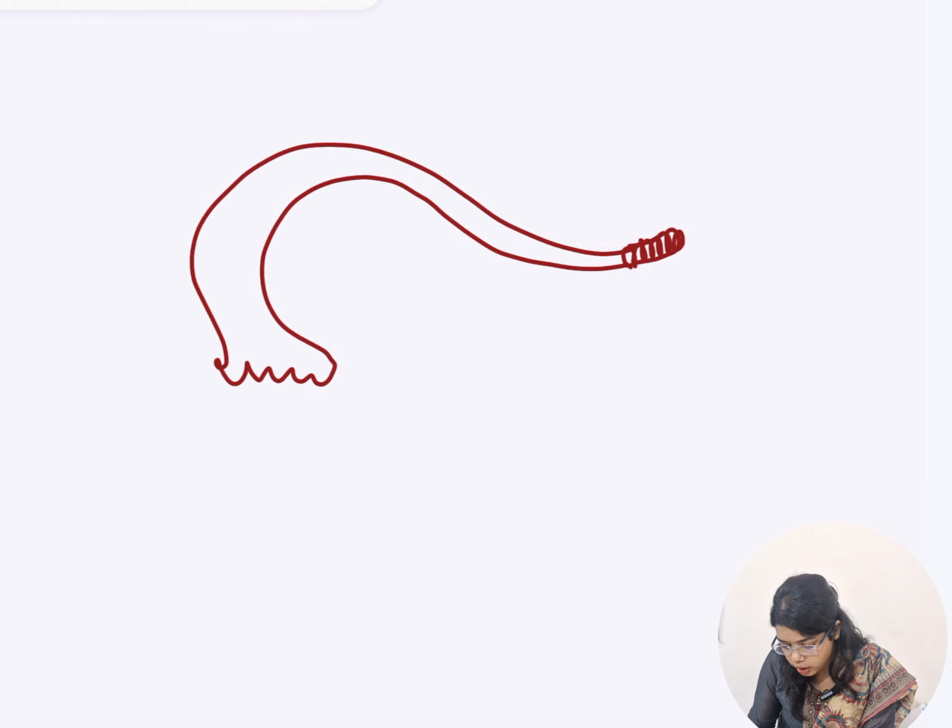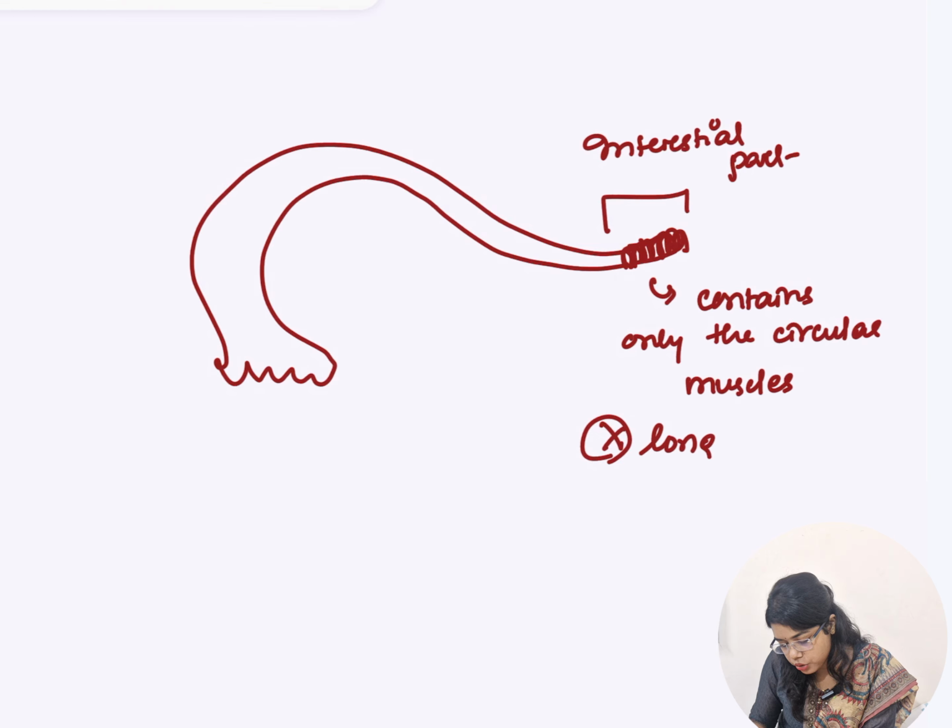Why am I drawing it intentionally like this? Because this is the interstitial or intramural part which lies within the myometrium. I'm drawing it in a circular manner because it contains only circular muscles and no longitudinal muscle.